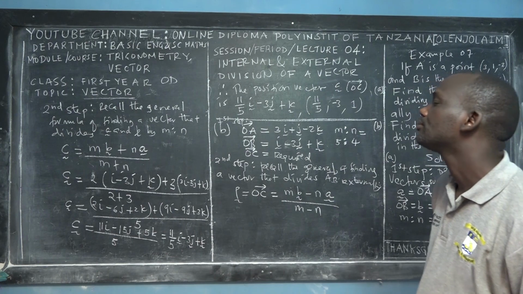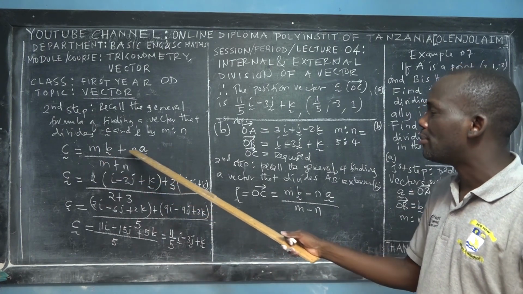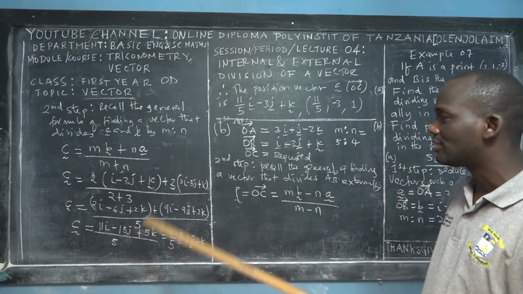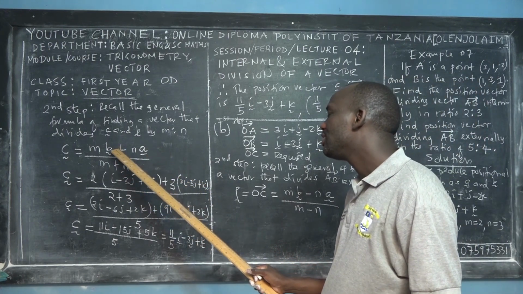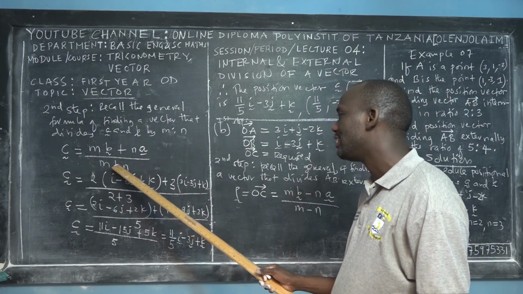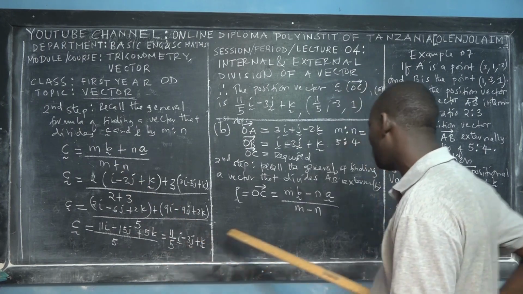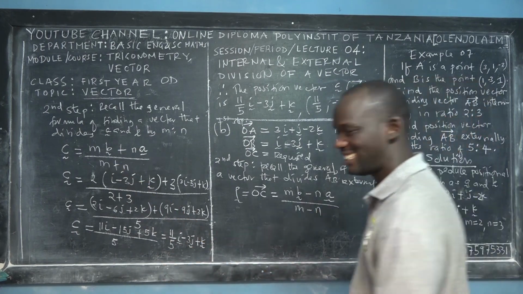For internal, that is the internal formula. For external, you just replace the plus with minus, and the denominator with minus. That's what we did here.